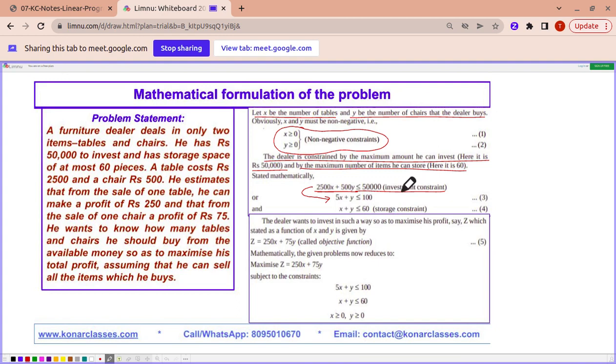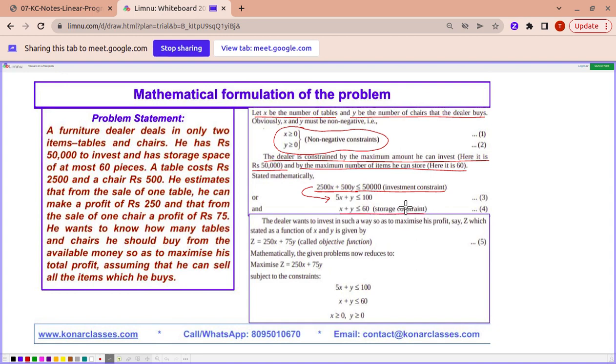That is the first inequation. The second inequation is that x plus y should be less than or equal to 60, because the maximum number of items, including chairs and tables, can be 60. That is the storage constraint.